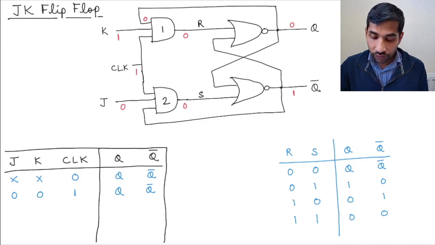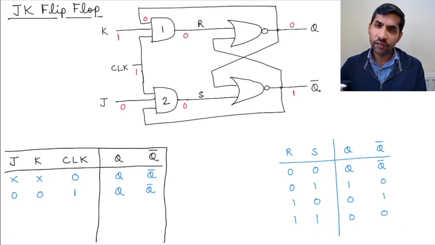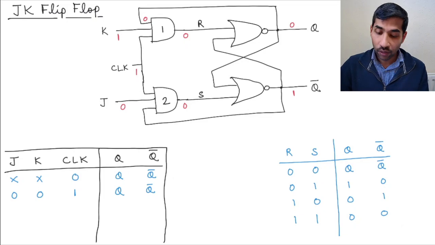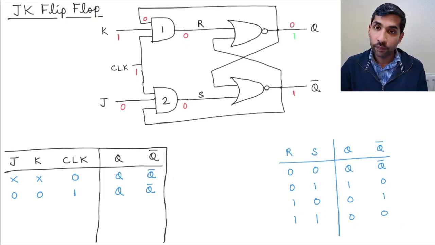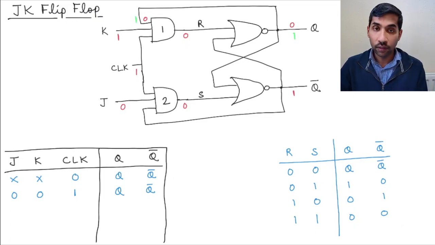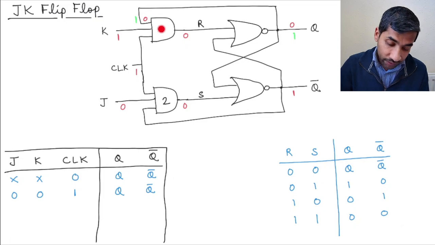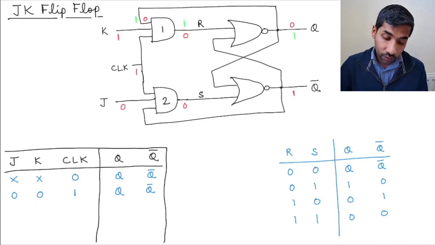We assumed that Q is 0, and then we found that if Q is 0, Q remains 0. What happens if Q is actually 1? If this is 1, the input here is going to be 1. So the input to this AND gate is 1, 1, 1. So the output of the AND gate is going to be 1, right? And so now you have R equal to 1 and S equal to 0.